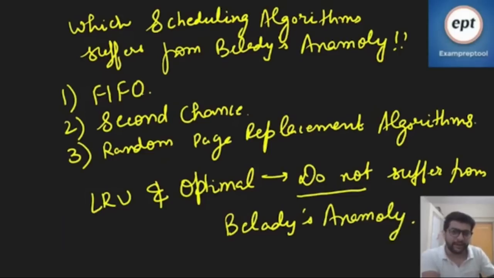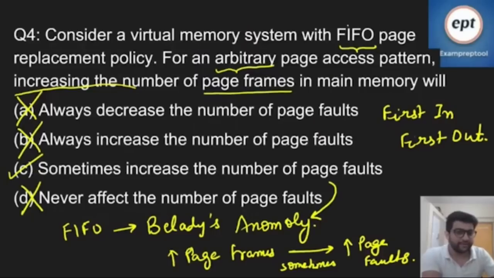Just remember these three algorithms which suffer from Belady's anomaly, right? So let's change the question. If it was given the LRU page replacement policy, and we have to answer this question for the LRU algorithm, then what will be the answer? The answer will be that it will always decrease the number of page faults, right?